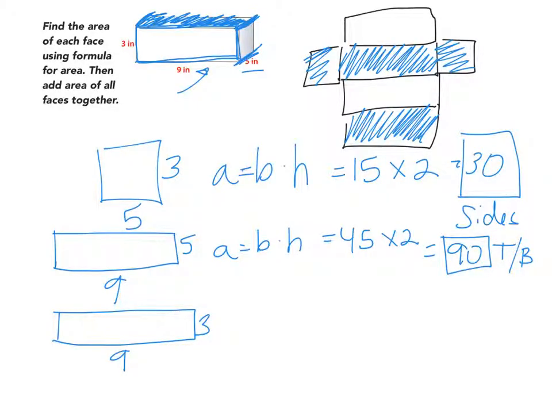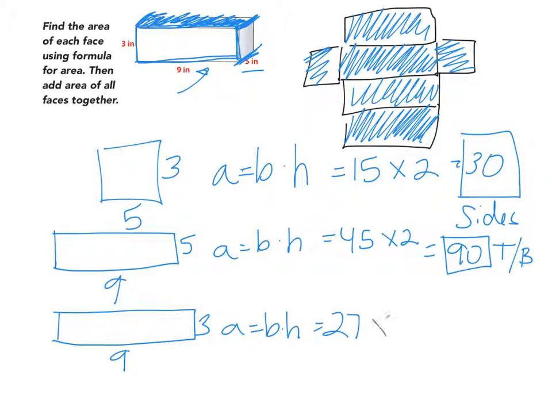So these final shapes that I'm shading are the bases. So this is going to be the front and back of my net. And again, we're going to multiply base times height. 9 times 3 is 27. And again, we're going to multiply that by 2, which is going to be 54. And this represents the front and back.